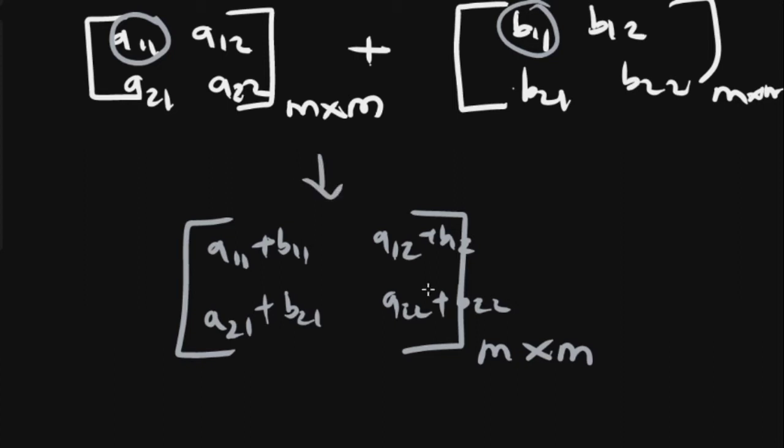Similarly we can perform the same addition on various matrices. For subtraction, we just do the same, but instead of plus we use minus, so we subtract the values.